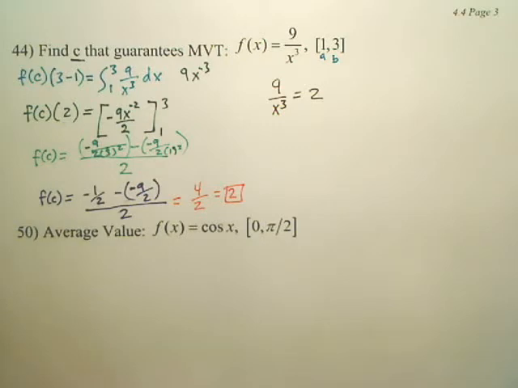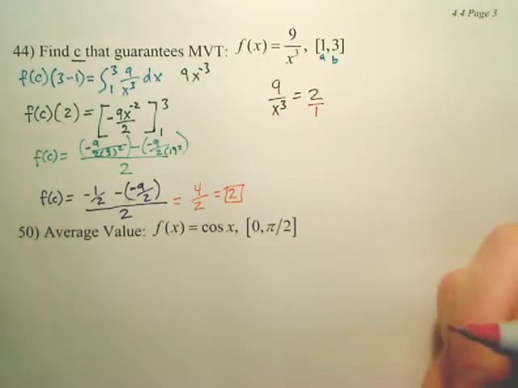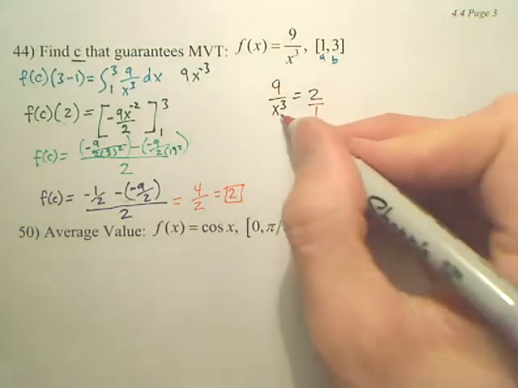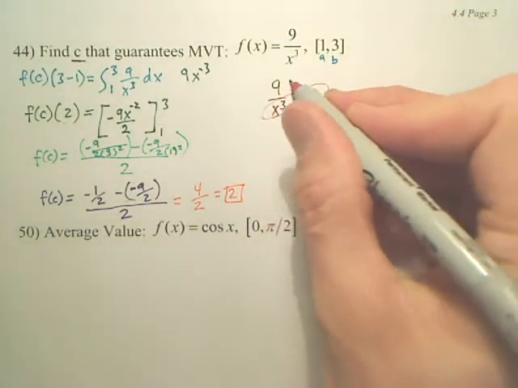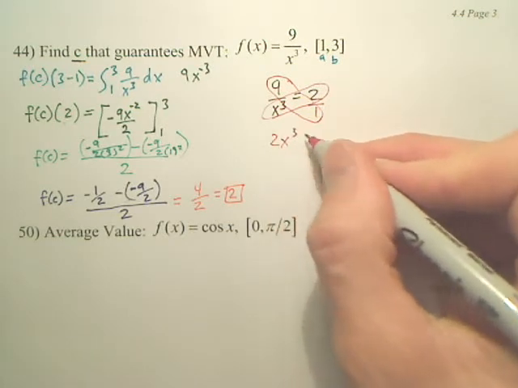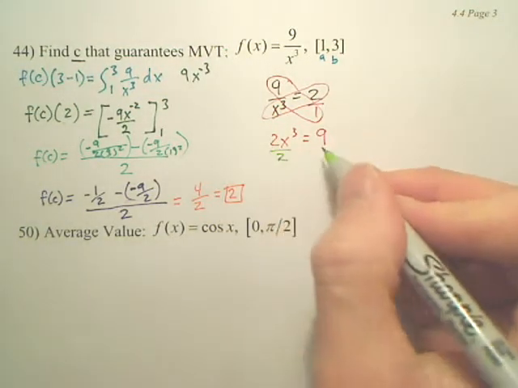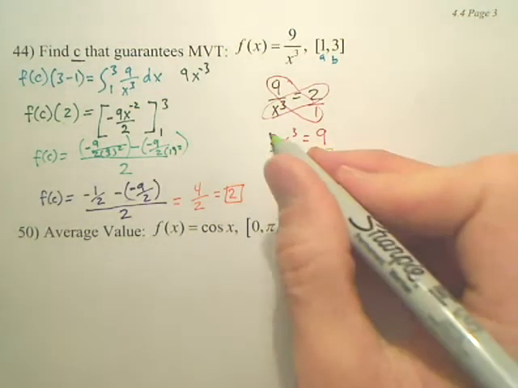Now, you could do different ways, but isn't this basically a proportion? Cross multiply. So I have 2x to the third equals 9. Divide by 2, divide by 2.